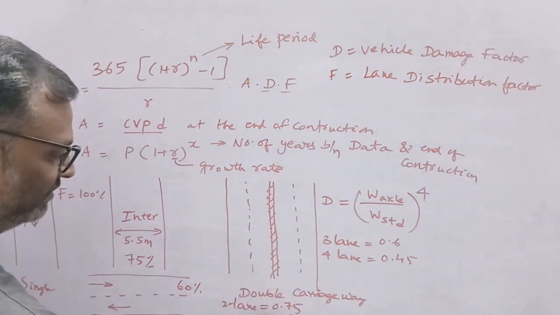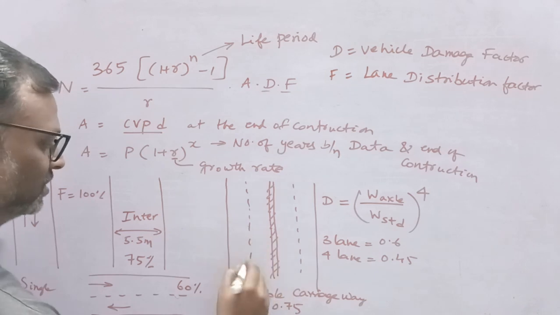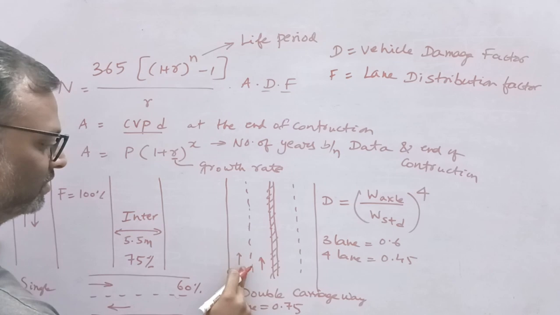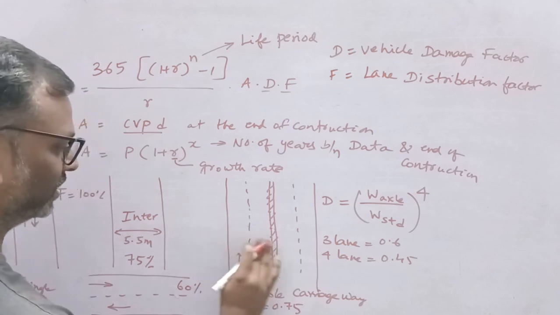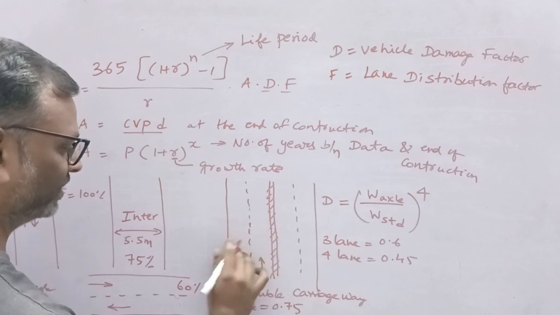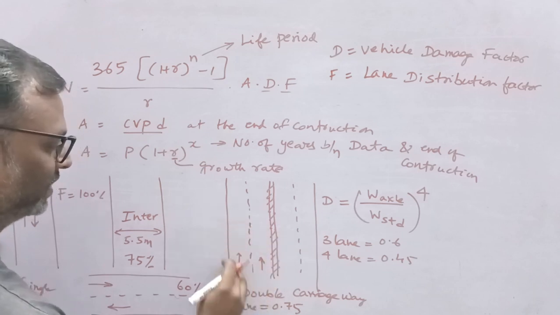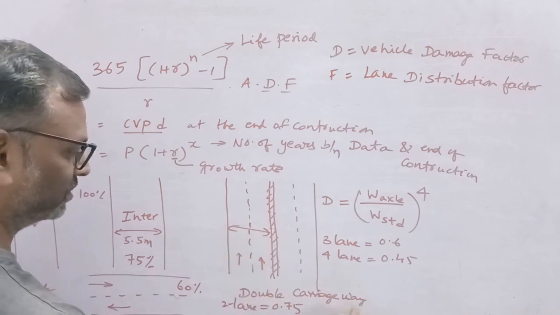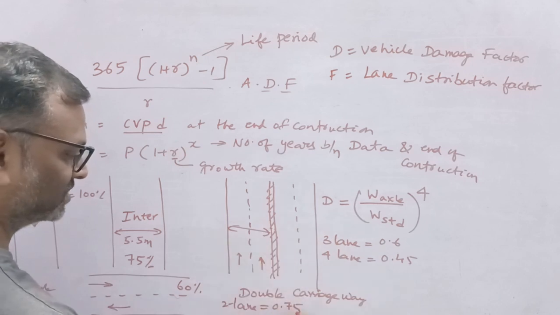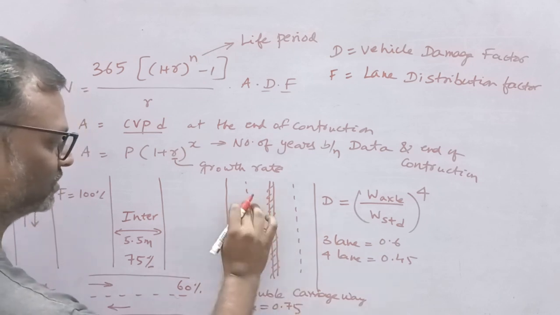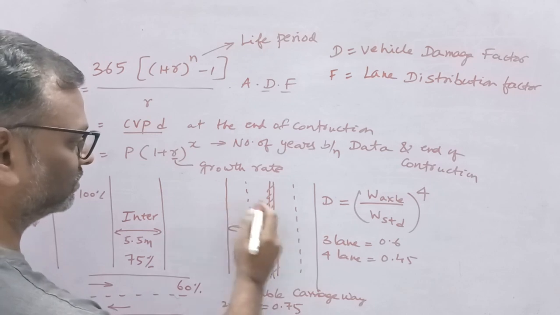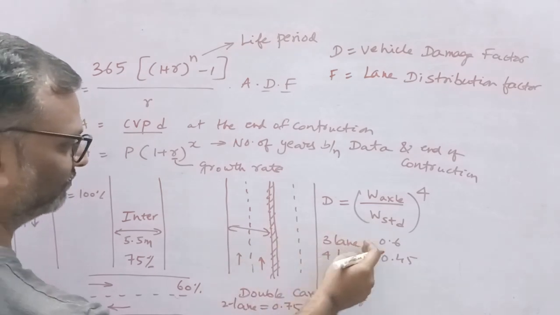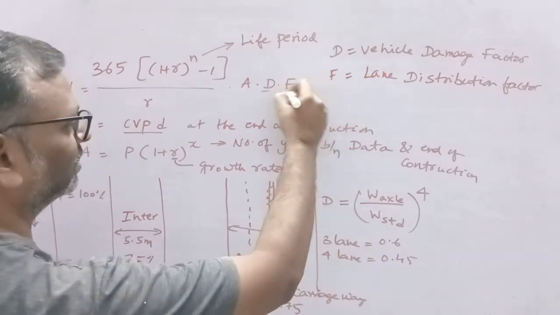This 75% is taken because there is no rule that the vehicles traveling here should not cross here. So the traffic traveling here will share the whole carriageway. The fluctuations in movements will be there. Similarly for three-lane and four-lane you adopt this F.